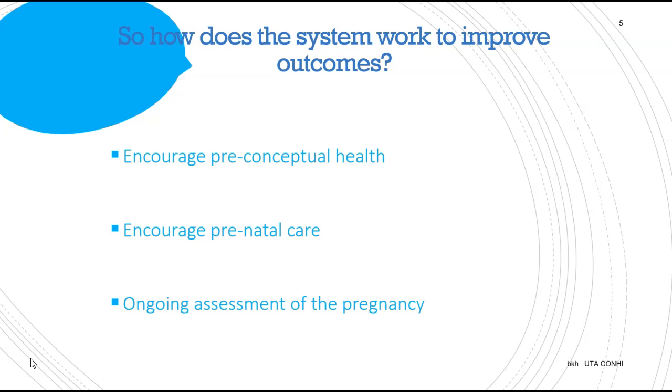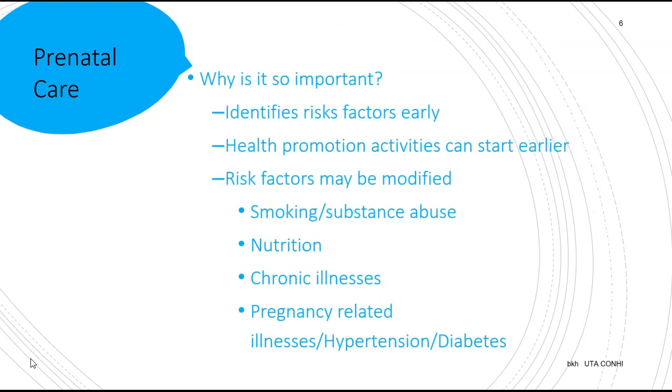And then our system is set up and designed to have ongoing assessments of this pregnancy throughout the entire pregnancy so that we can identify those issues at key times when we know those symptoms are going to start presenting themselves. So why is it so important?